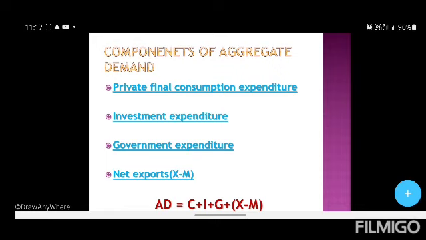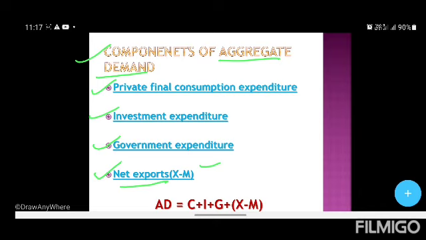Further, we have the components of aggregate demand. Here we have first private final consumption expenditure, then investment expenditure, government expenditure, and last is net exports, that is exports minus imports. The difference between exports and imports is called net exports.